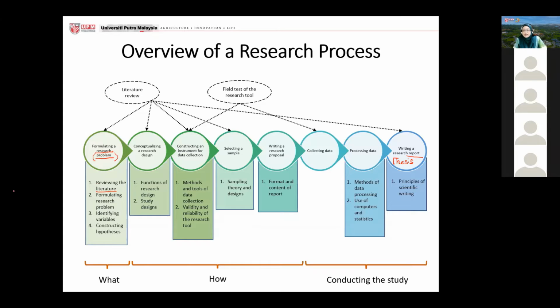The next thing is that you can identify your variables. We will look into variables later on, but I hope you still remember. I think you learned at least during high school, when you were making lab reports.